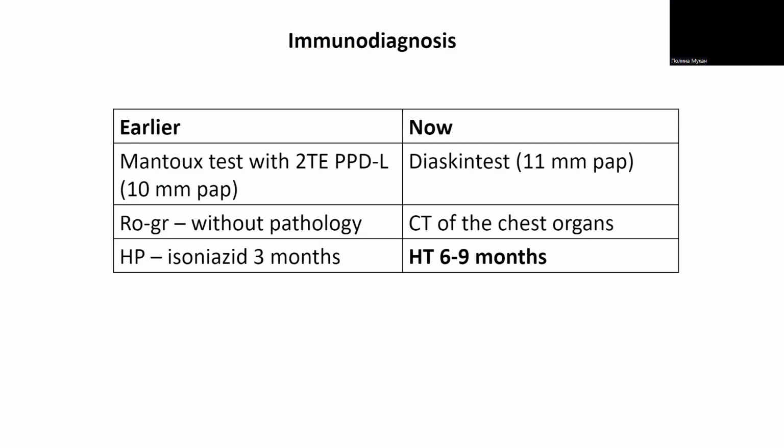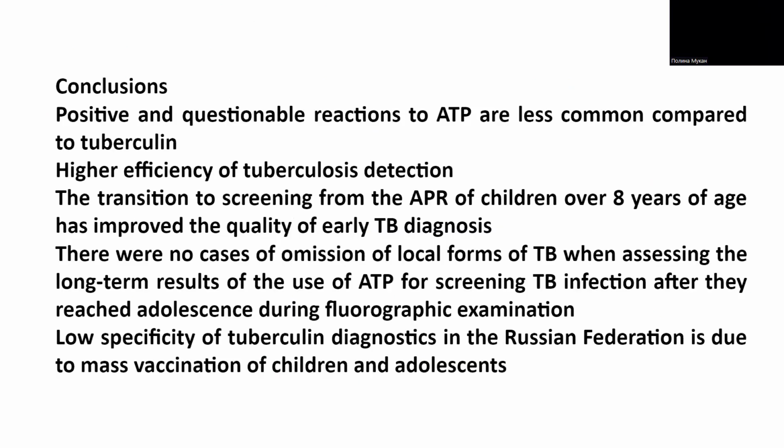Immunodiagnostics earlier was the Mantoux test, now the skin test. Conclusion: positive and questionable reactions to ATP are less common compared to tuberculin. High efficiency of tuberculosis detection: the transition to screening with ATP of children over 8 years of age has improved the quality of early TB diagnosis.